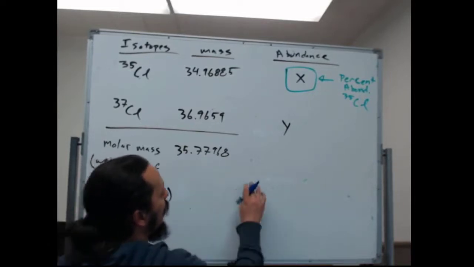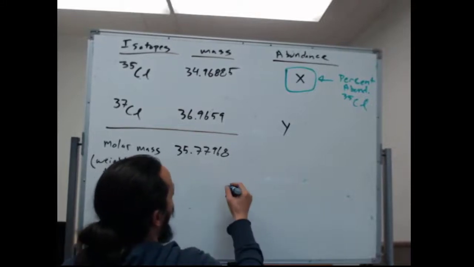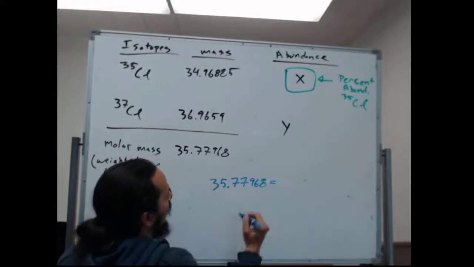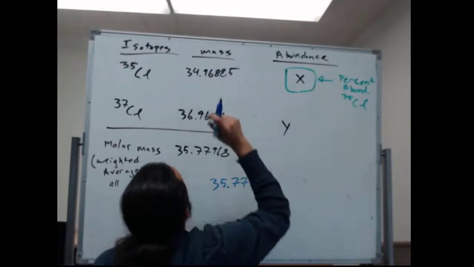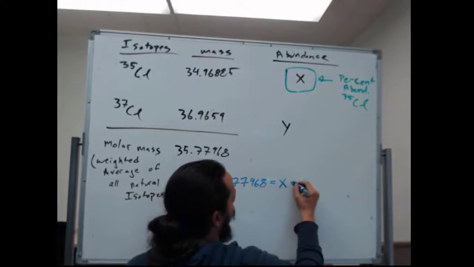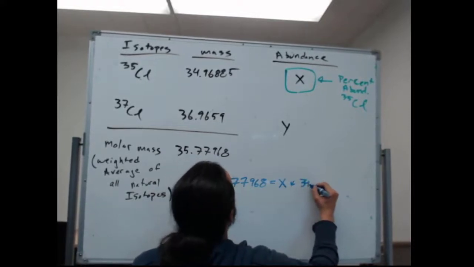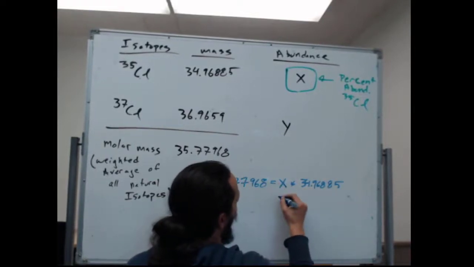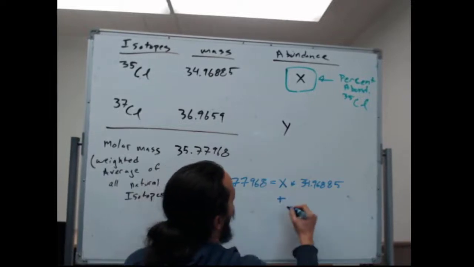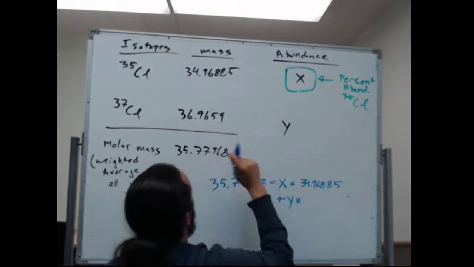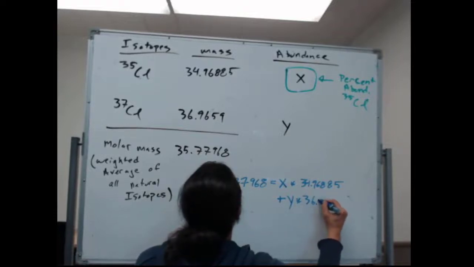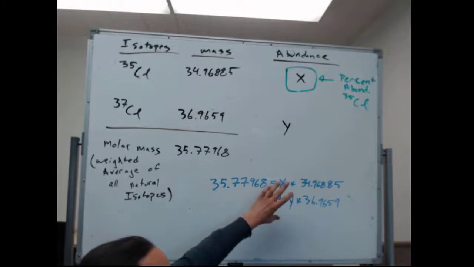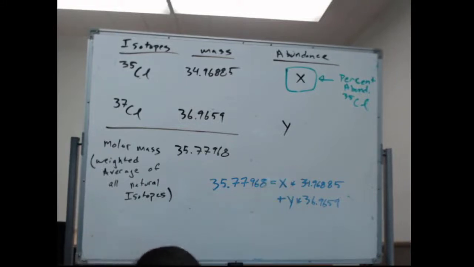Let's set up what a weighted average would look like. 35.77968 is equal to the abundance of the first isotope times 34.96885, plus the abundance of the second isotope times 36.9659. If this was a perfect 50-50 mixture, I would just add this one plus that one divided by 2.